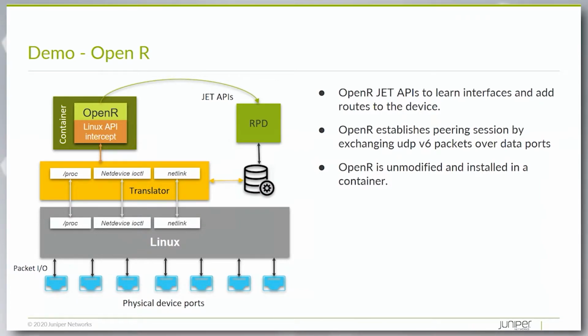The hello protocol is UDP and multicast based. It involves exchanging UDP IPv6 multicast packets, and this packet Rx/Tx happens through the Junos Evolved network stack. Once Rx/Tx is successful, the peer discovery is done, and it knows who its neighbors are.